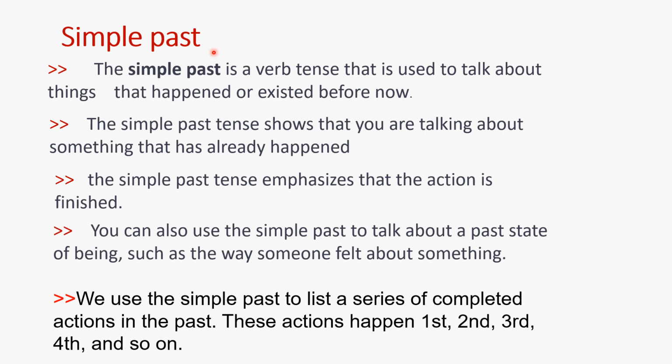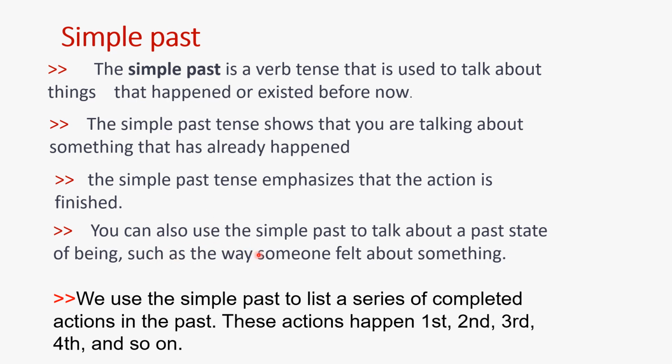Simple past. This is the first type of past tense. The simple past is a verb tense that is used to talk about things that happened or existed before now. The simple past tense shows that you are talking about something that has already happened. The simple past tense emphasizes that the action is finished.